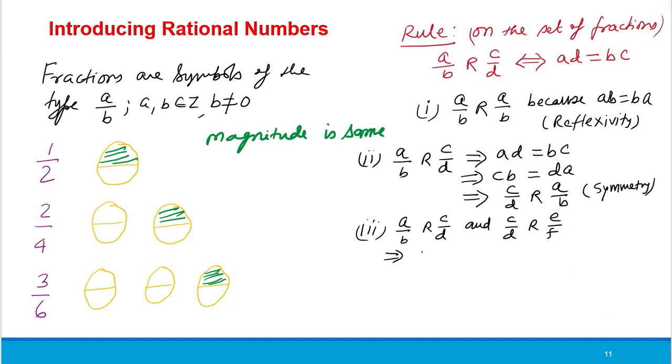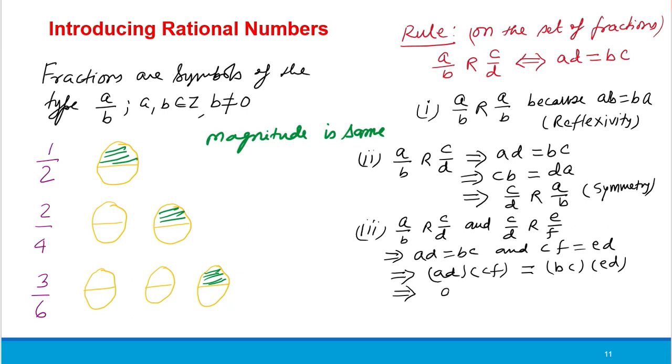This implies that ad is equal to bc and cf is equal to ed, and this implies that ad into cf is equal to bc into ed, and this implies that af is equal to be, and this implies that a by b is related to e by f, and therefore we have shown that the relation is also transitive, and therefore this relation is an equivalence relation.